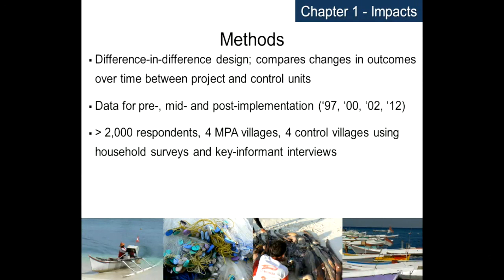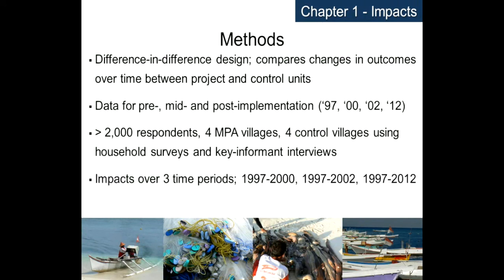We collected data for over 2,000 respondents in the 4 MPA villages and 4 control villages using mixed methods, including household surveys and key informant interviews. And this design allowed us to assess the potential impacts of these MPAs over 3 time periods listed here, which represent the potential short, medium and long-term impacts of the project.